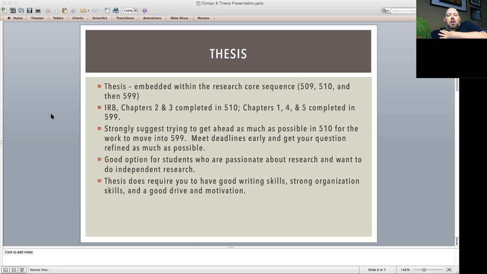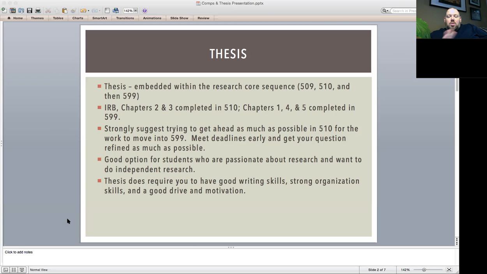I would say for thesis, if you're doing it well, you're looking to spend probably 10 hours a week outside of class, and also counting sometimes in class, working on your project. So again, if you're working full-time and you have other things going on, these are things that you want to consider in terms of that work.